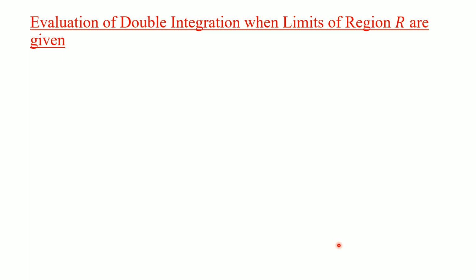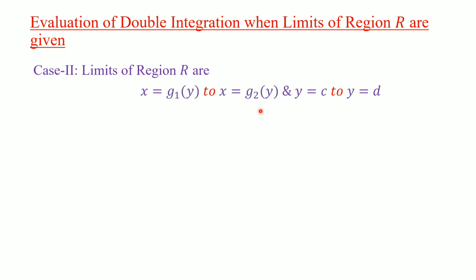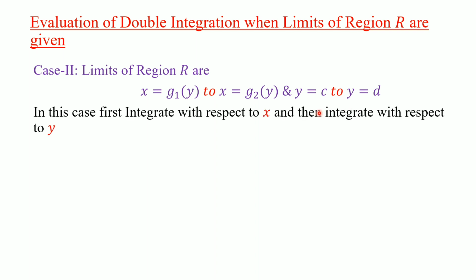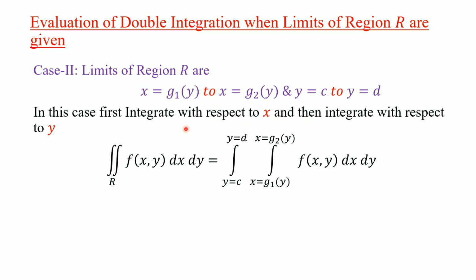Now the second case is when the limits of region R are of this form. Now limits of x are functions of y. X varies from g1(y) to g2(y), and limits of y are constants. Y varies from c to d. So in this case, we first integrate with respect to x, keeping y constant, and then we integrate with respect to y.